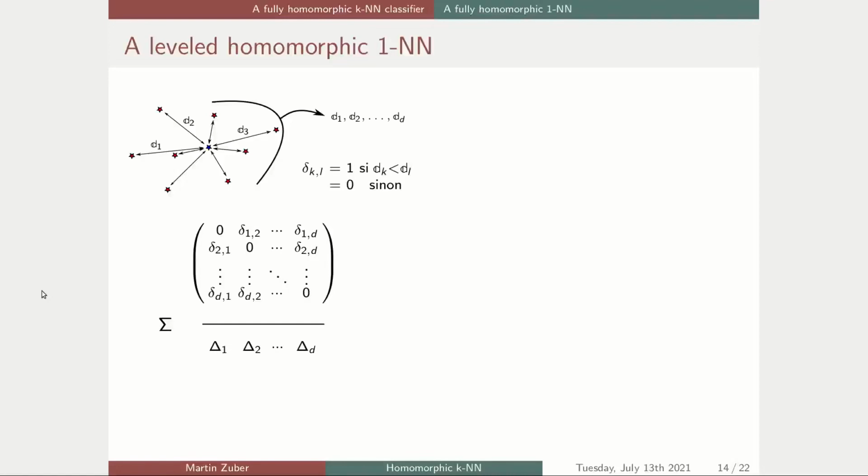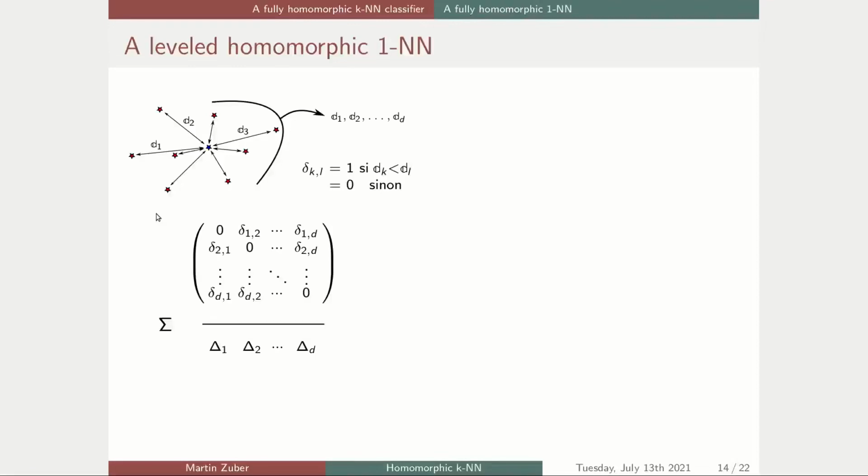What we need to understand here is, for instance, if we take this first column of deltas, if all of the deltas are equal to 1, that means that distance 1 was smaller than every other distance. And this is only going to be the case for the smallest distance. So we're going to have only one column which is full of 1s, and every other column is going to have at least one 0 among the deltas.